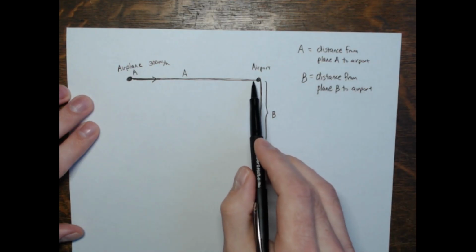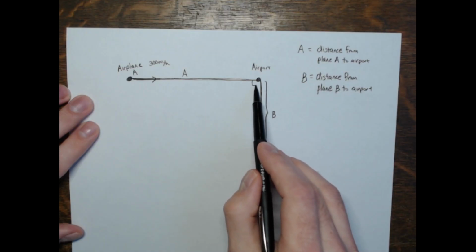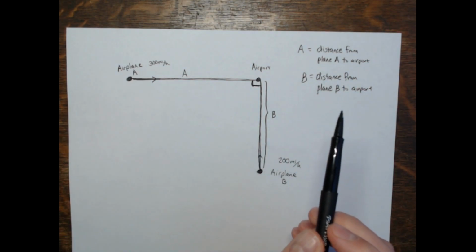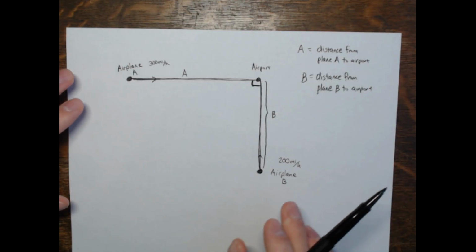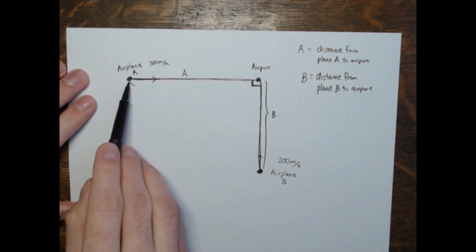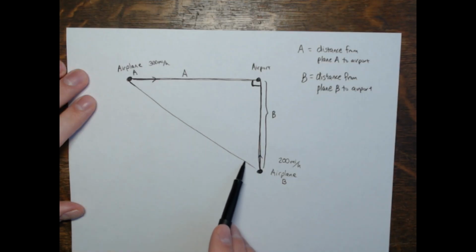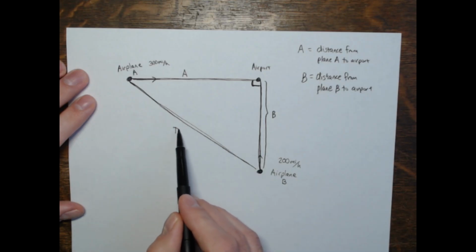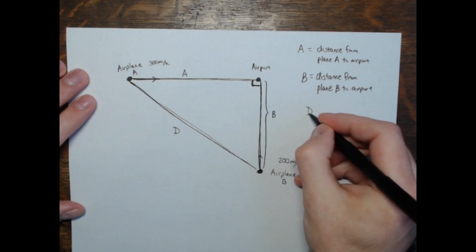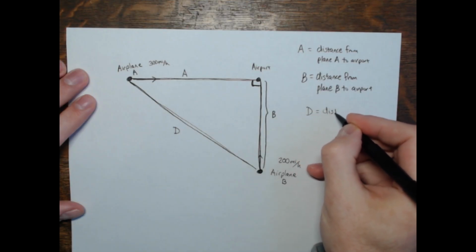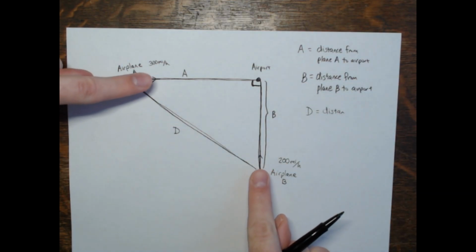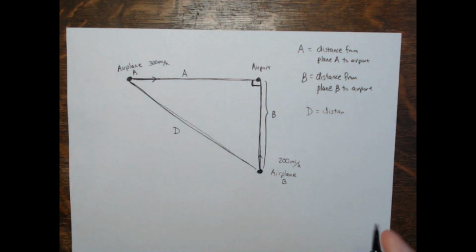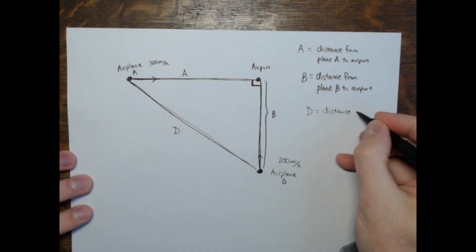Since one's going directly east and the other's going directly north, this is a 90-degree angle here, we're assuming. Then they ask us about the distance between the planes, so draw a little segment here. I'm going to call this capital D. This is the distance between the two planes, and that will also change as these things move. D will get smaller. It will also change as time goes on.